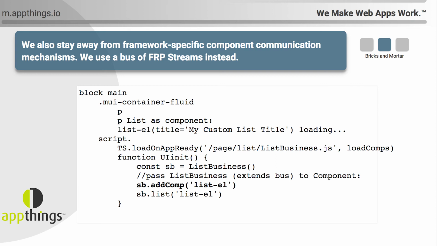So what we do is we create our own bus of functional reactive programming streams. I'd like to dive into that because I could speak of that for hours, but I'm not going to. The point is, all you have to do in the page itself is, because my list business is built on a base class, yes, we do use inheritance there, that has these bus features, I can just use the list business that I use anyway for querying.